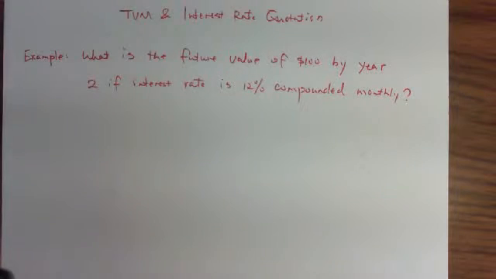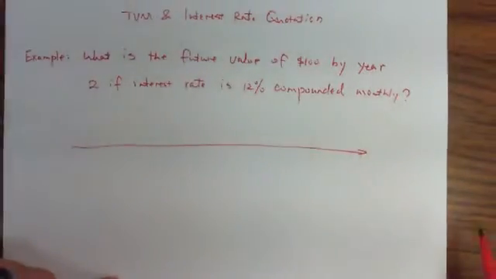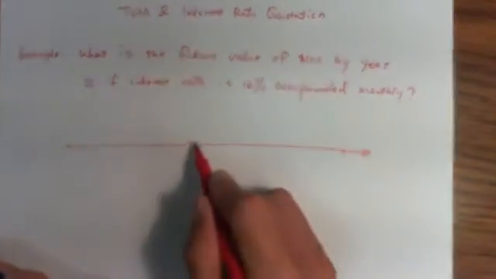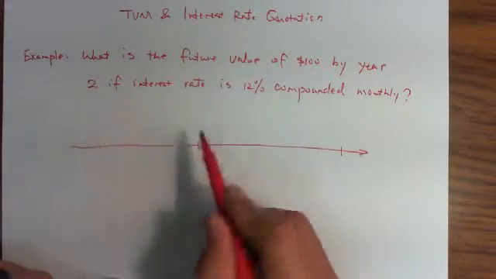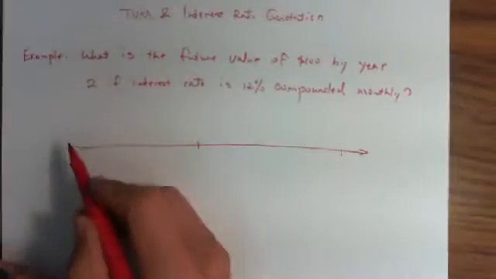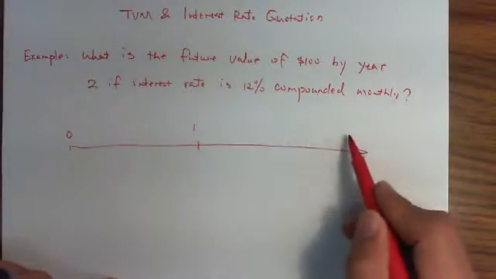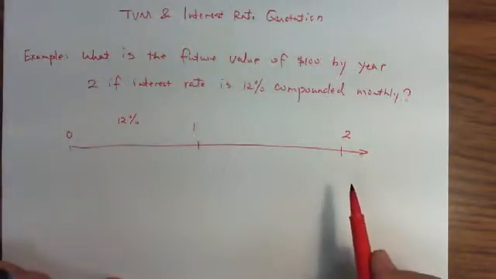Now, so what is the future value? If we draw a timeline, many students will draw a timeline like this one because it's a 2-year investment, so there are 2 years. 0, 1, and 2, so 2 years. And then many students will use 12% here.